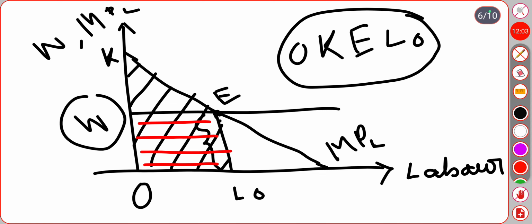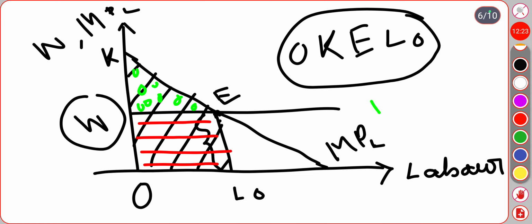So what is the profit? Profit is this much amount. So this is the profit of the urban sector.